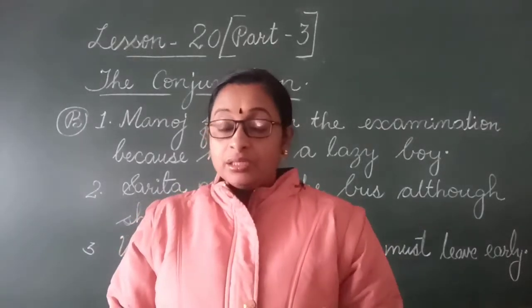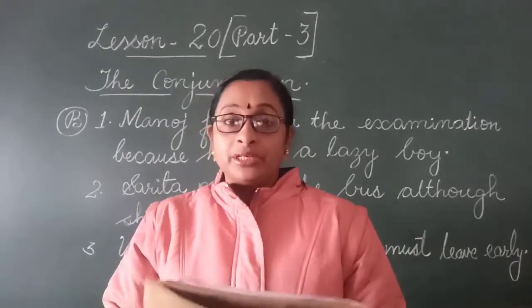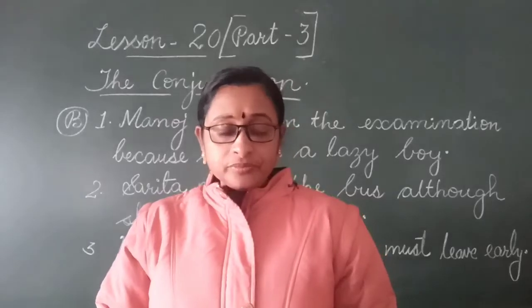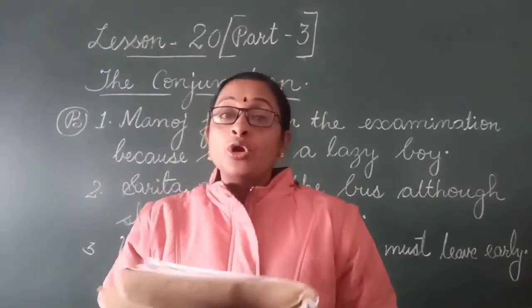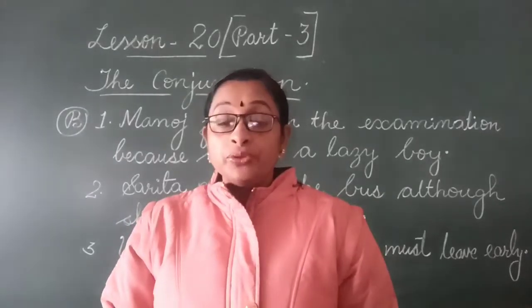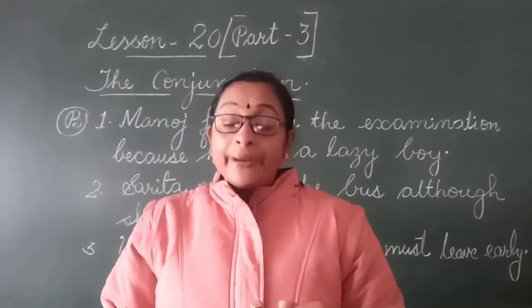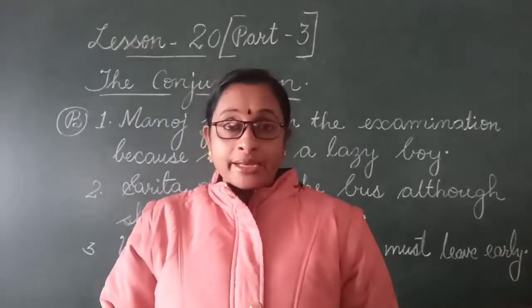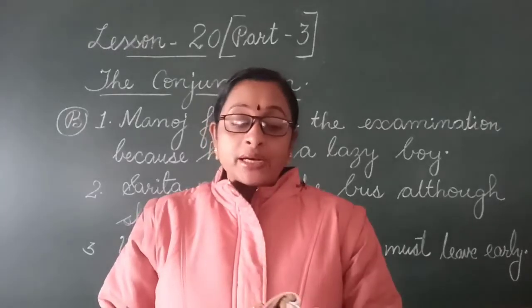Otherwise if you write very big letters, then it may not come there. In the copy also I will give these answers, but not all. Then it will be too much for you to write in the copy. So in the copy I will give 2-3 sentences. But in the book we will write all the answers. Clear, children? So we will start now.